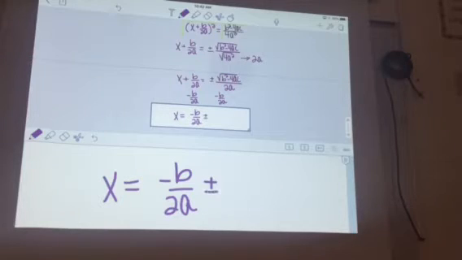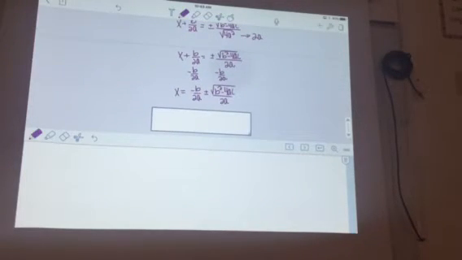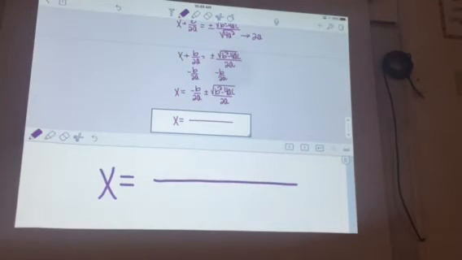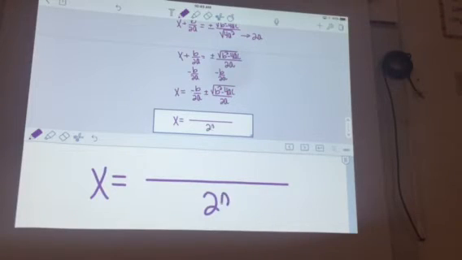Then the plus or minus was attached to this square root of b squared minus 4ac all over 2a. And to make this look really nice, I see that I have two fractions and they already have the same denominator, so I can put them together. And this is what I would end up with. Fraction bar. On the denominator, it's just the common denominator 2a.